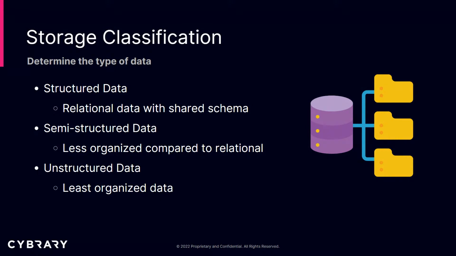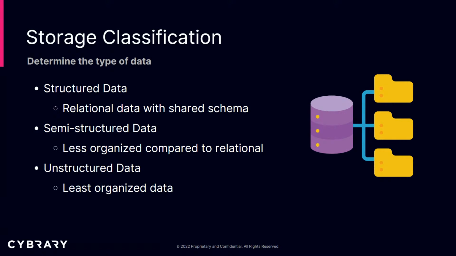What we mean by that is that Azure has different types of data storage, and you need to first determine what type of data you are dealing with. There are three main types of data based on the structure of the data.